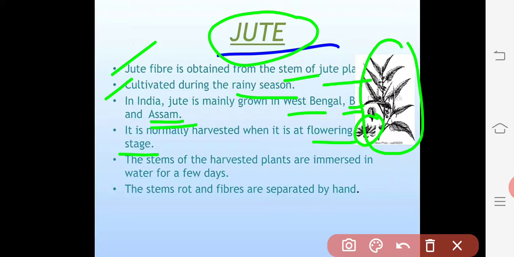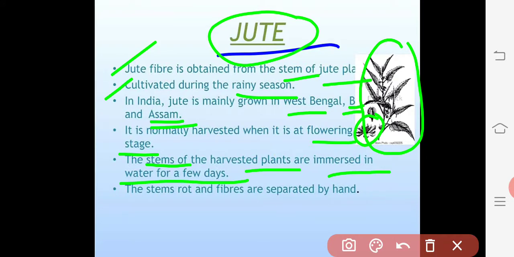The next point is that the stems of the harvested plants are immersed in water for a few days.